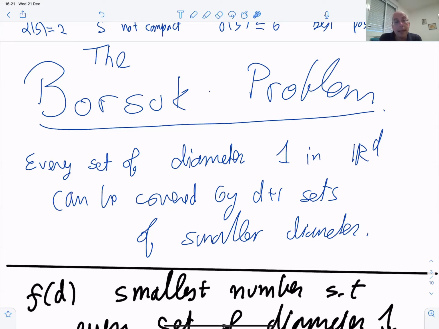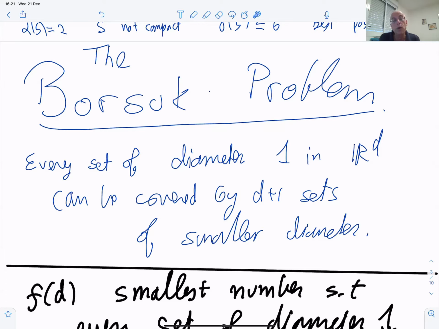A more sophisticated example comes from what's called the Borsuk theorem. This theorem asserts that if you look at the unit sphere in R^d times 1/2, so the sphere of radius 1/2, of diameter 1, then if you cover it by d closed sets, one of these sets contains a pair of antipodal points.